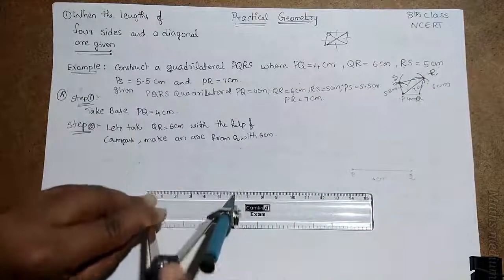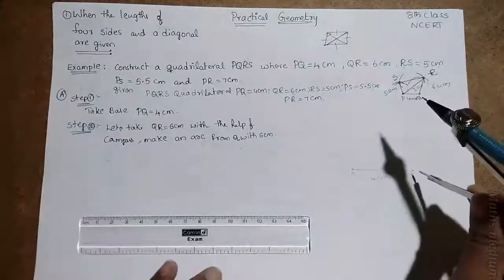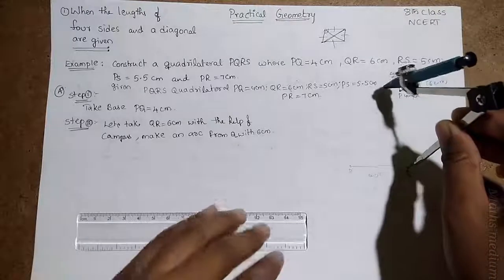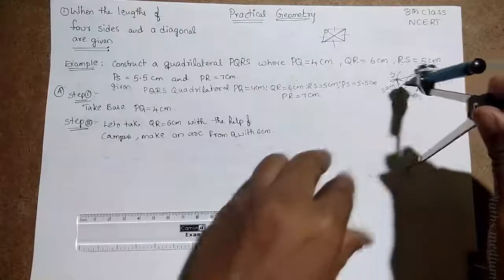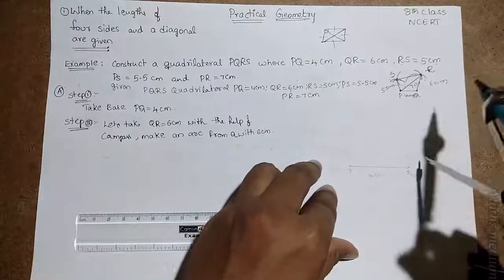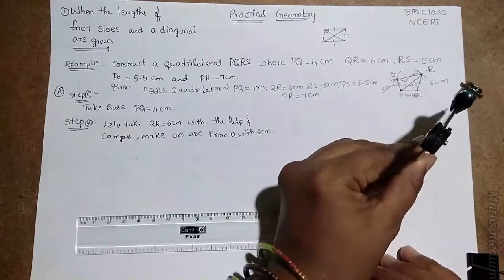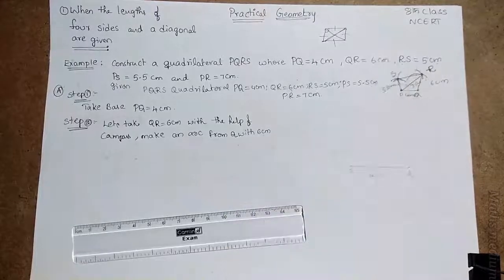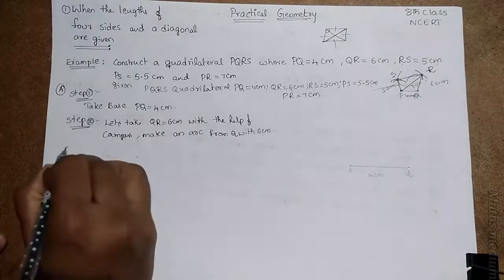This is the 6 centimeters. See here. Now take 6 centimeters, pointer at Q, and make an arc at this point with the 6 centimeters.